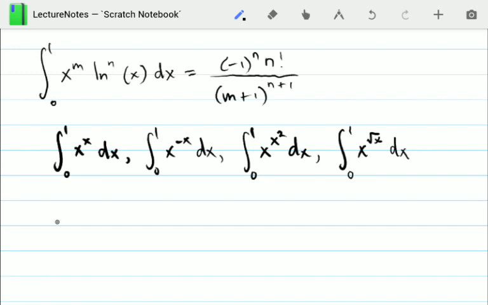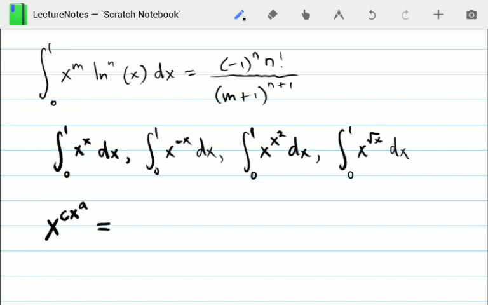To do so, I will consider the expression x to the c x to the a. As you can see, c and a are constants, and for various values of c and a, you're able to recover these integrands. For example, c equals 1, a equals 1, you get x to the x. c equals 1, a equals 2, you get x to the x squared, and so on, okay?